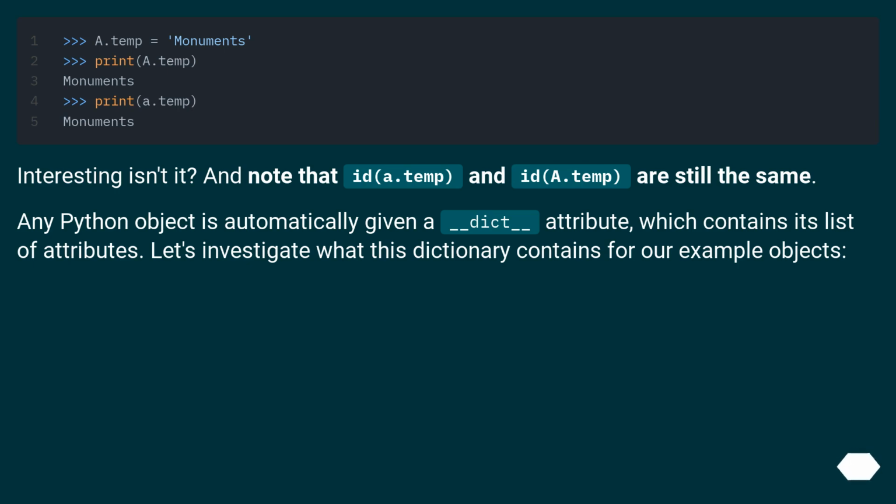Any Python object is automatically given a __dict__ attribute, which contains its list of attributes. Let's investigate what this dictionary contains for our example objects.